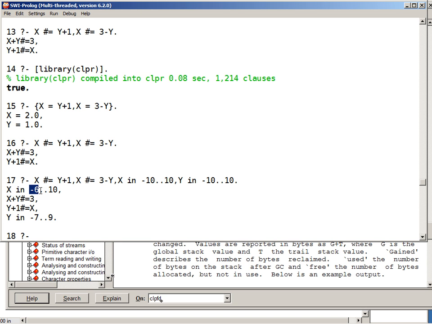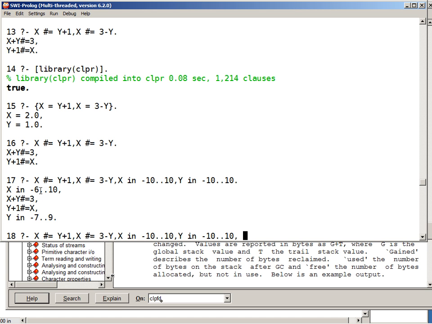What next? What can we do next? All the information we have now is that x is between -6 and 10, and y is between -7 and 9. So I am going to force a search.